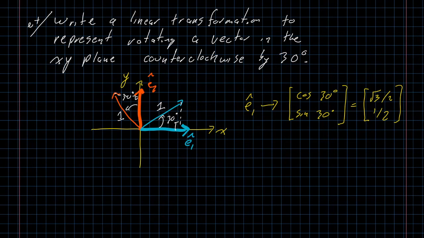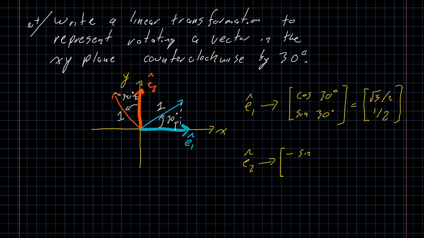We can do the same thing with E2. Right? It's a little bit trickier because the angle is not in standard position. But if you pay attention and think about how these coordinates are going to fall in, the x component is the opposite side of the triangle, and it's going in the negative direction.